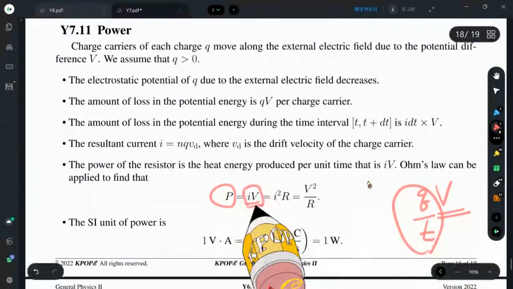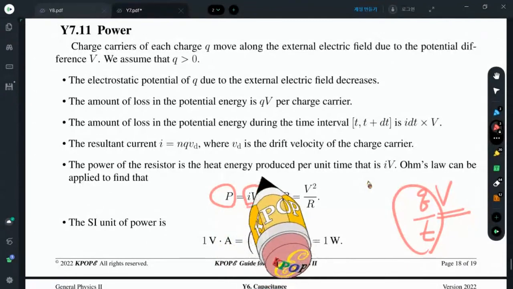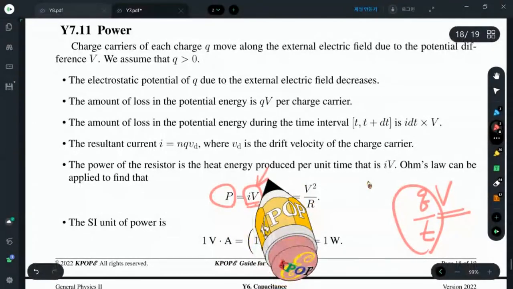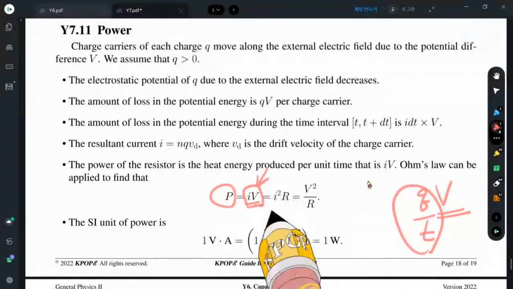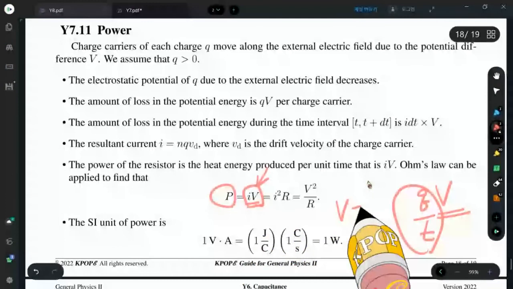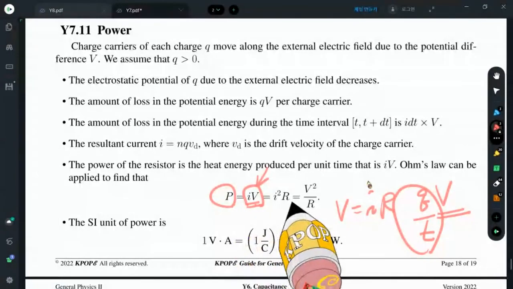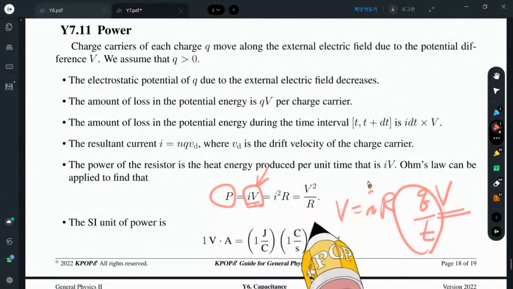So I times V is the work done by the electric field under the electrostatic potential difference V. And if you make use of Ohm's law, V equals IR, you can express this in terms of I squared R or V squared over R.